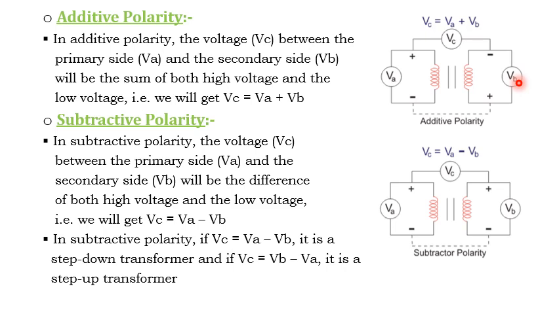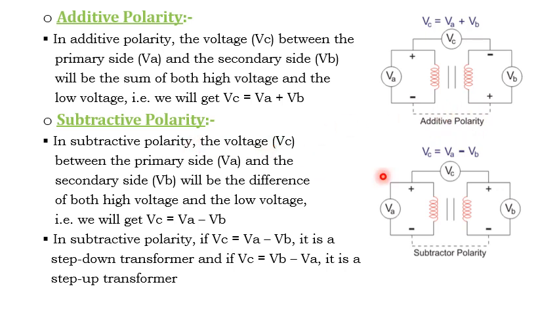And the sum of both these voltages can be measured by the voltmeter VC, which is connected between the primary and secondary terminal of a transformer. If these two terminal voltages are added together, then we can say that this is an additive polarity.